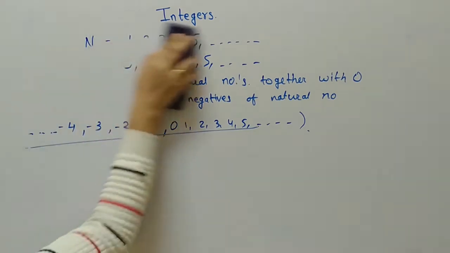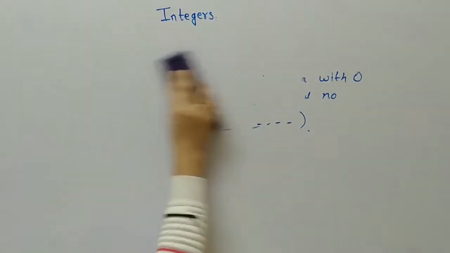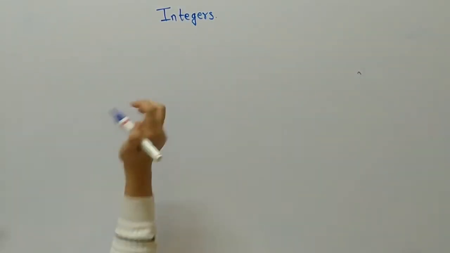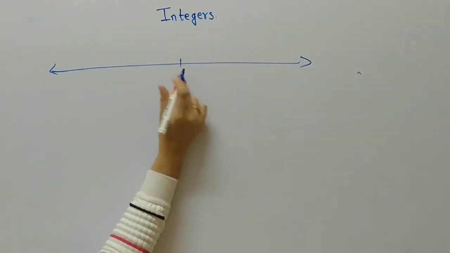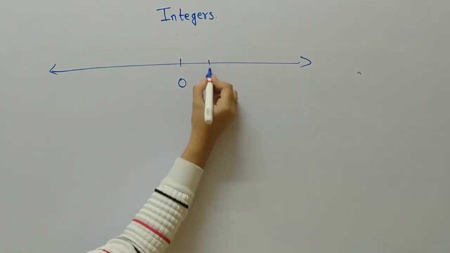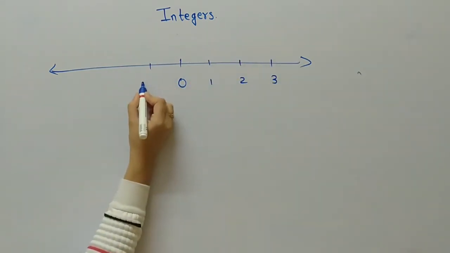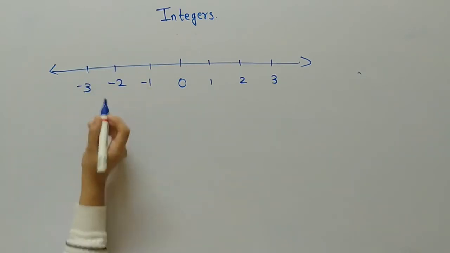So now we can represent integers on a number line. First of all, we will draw a number line. In the center there will be 0, 1, 2, 3, minus 1, minus 2, minus 3.